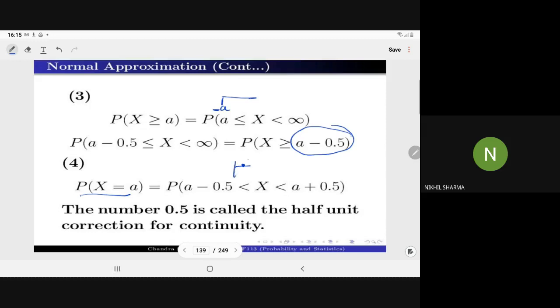It means you have to integrate from a minus 0.5 to a plus 0.5, because for the continuous you require the interval. For the discrete, a point is good, but for the continuous you require the interval. So now we have made the interval from a minus 0.5 to a plus 0.5. This 0.5 is known as the half unit correction for the continuity.